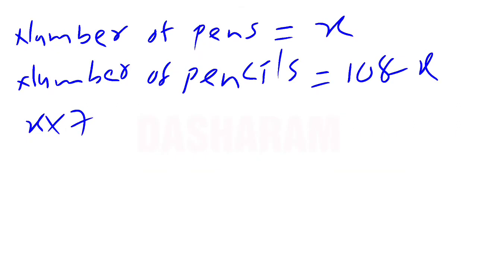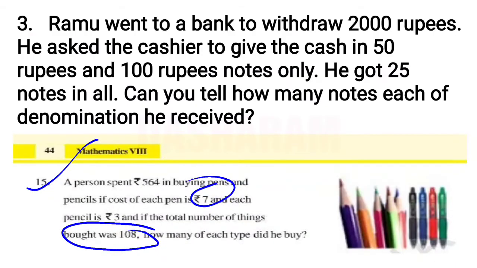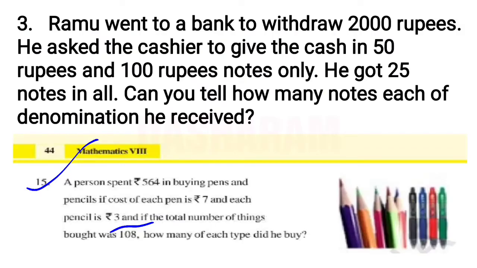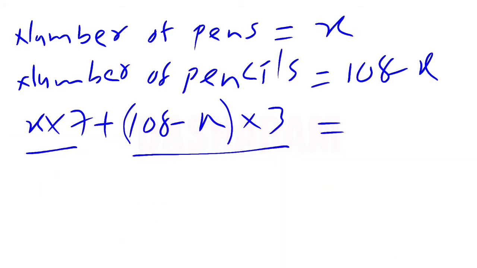Number of pencils is 108 minus x, and each pencil costs 3 rupees, so into 3. Their addition will equal the total cost of 108 things, that is 564.